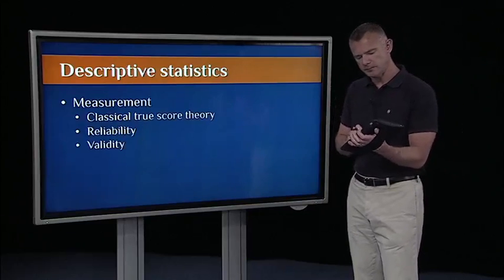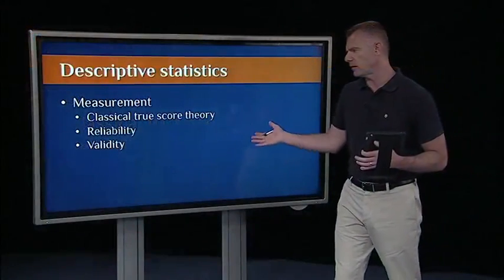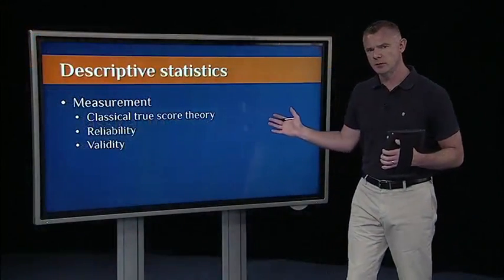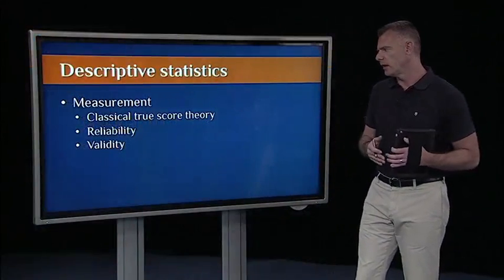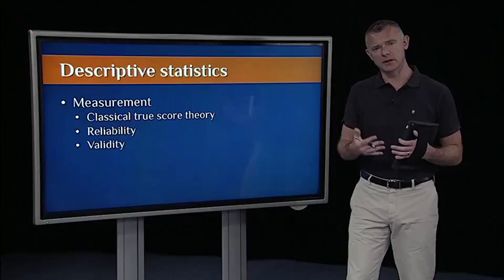And then finally, in that first chunk of the semester, I talked a lot about measurement. That's important to me because it's important to my own research. So we talked about classical true score theory, which comes from psychometrics. Two really important pieces of that are reliability and validity.